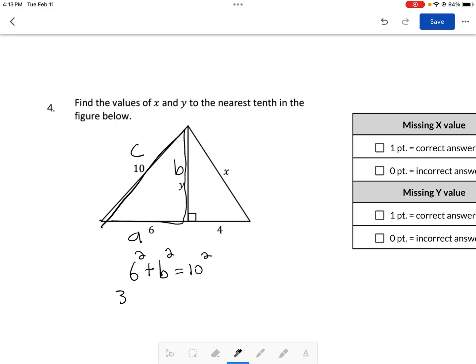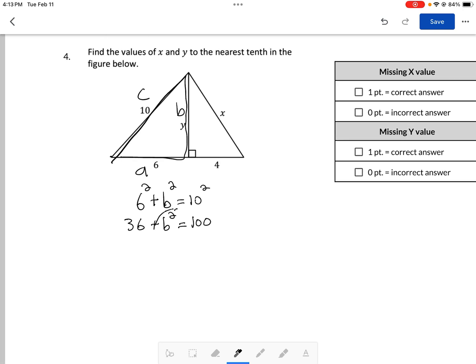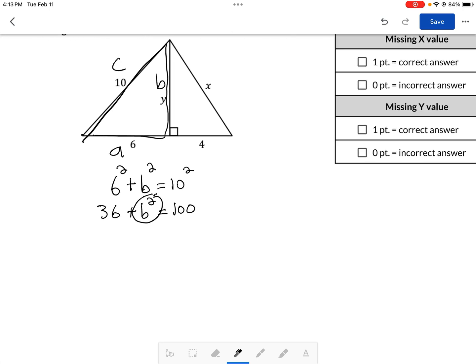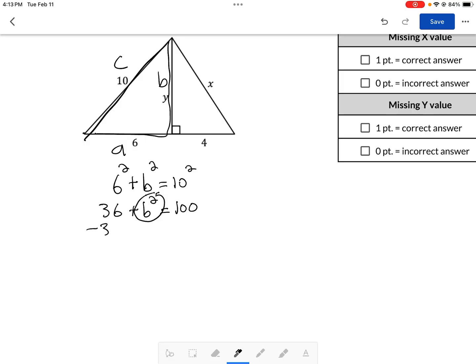6 squared is 36, plus b squared, which is what we're trying to find, equal to 10 squared, which is 100. Now, I need to get this b squared by itself. In order to do that, I have to subtract 36 from both sides. Those cancel. 100 minus 36 gives me 64.